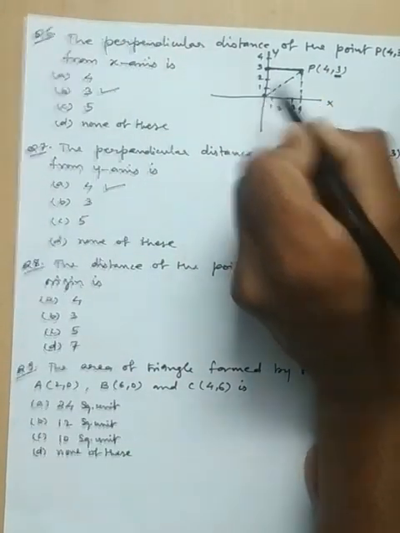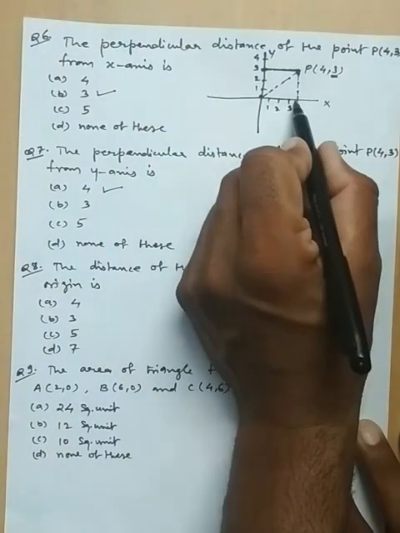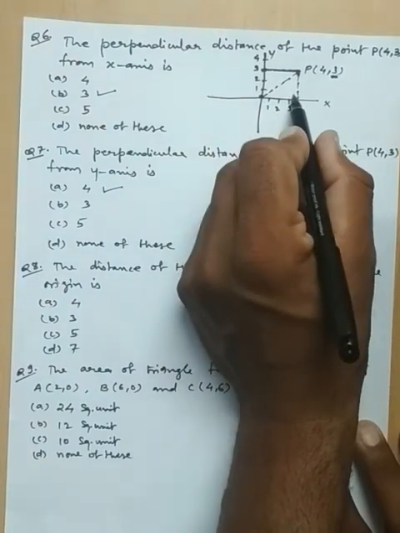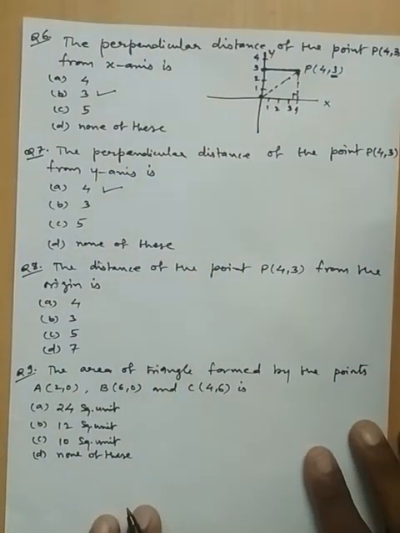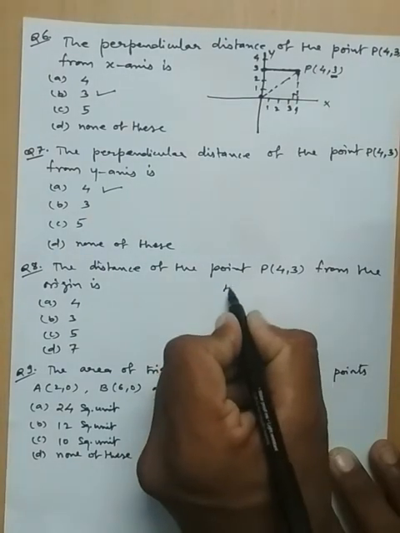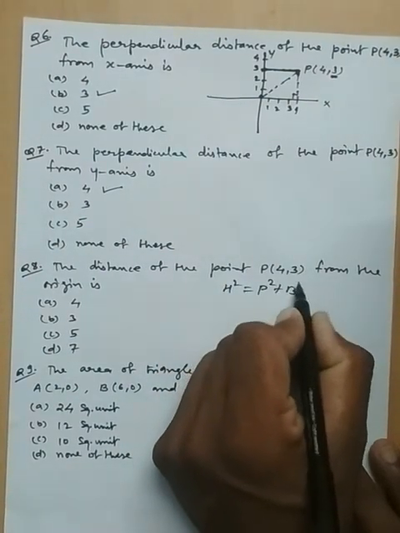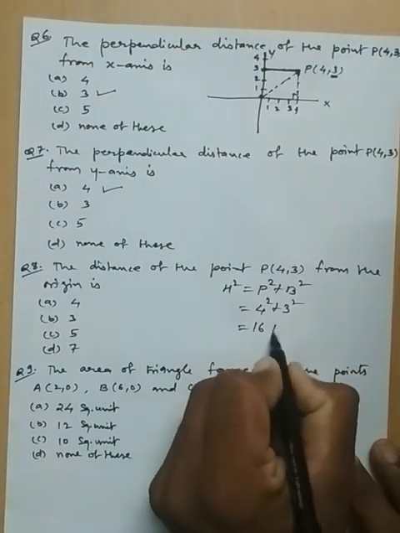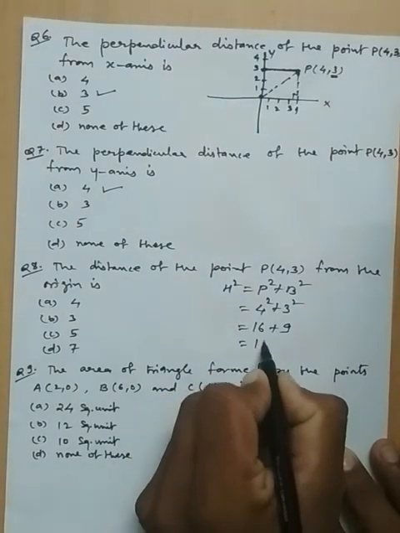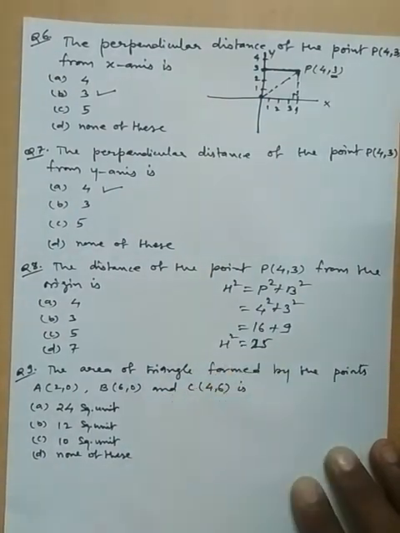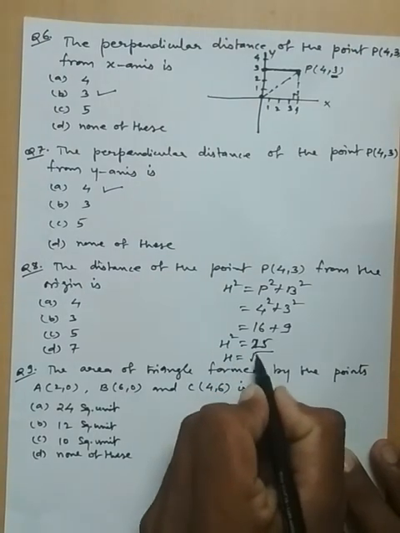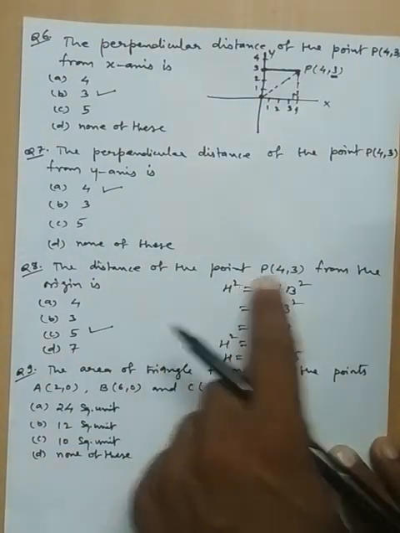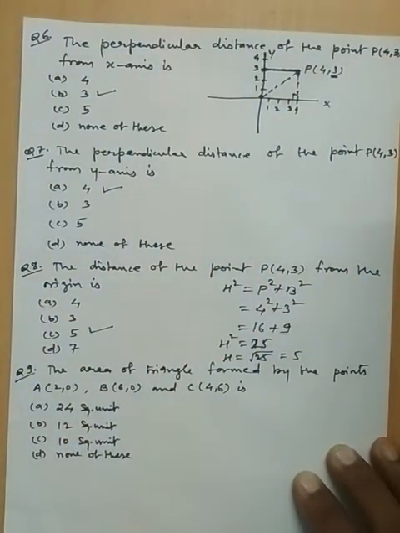Using the Pythagoras property, hypotenuse squared equals perpendicular squared plus base squared. So 4 squared plus 3 squared is 16 plus 9, which is 25. The hypotenuse is the square root of 25, which is 5 units.